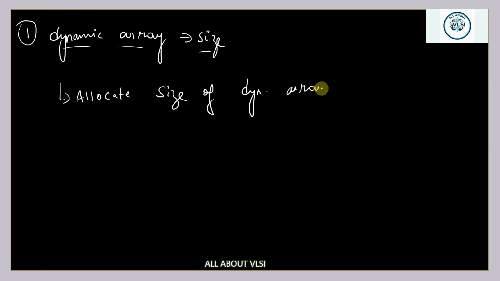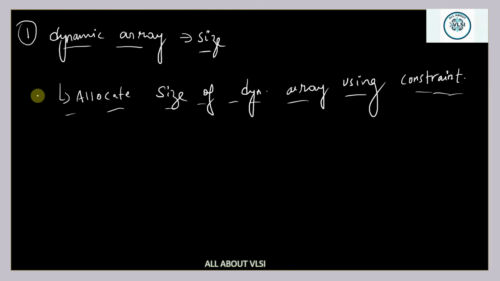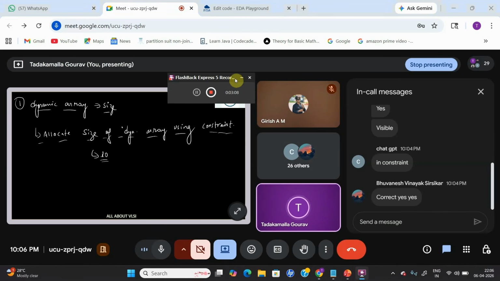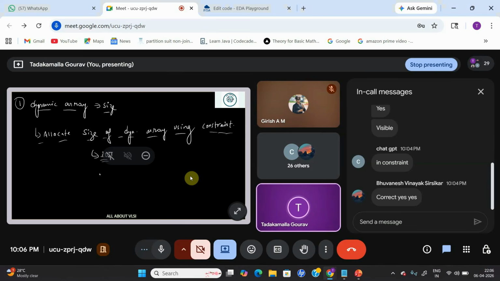This is most widely used in codes like in GitHub or somewhere. If you observe, the size of the dynamic array is normally allocated using constraints. Let's say the size of the dynamic array we need to allocate is 10. So anyone, have a try. You can take 2 minutes and come up with a solution. We will discuss. Okay.